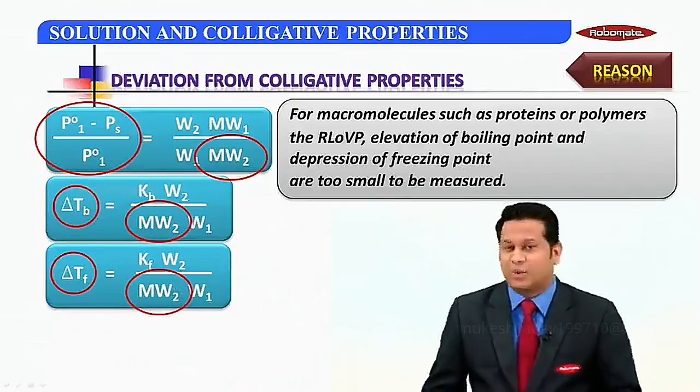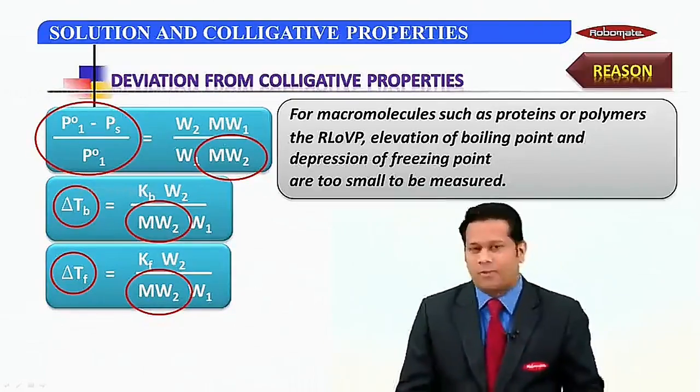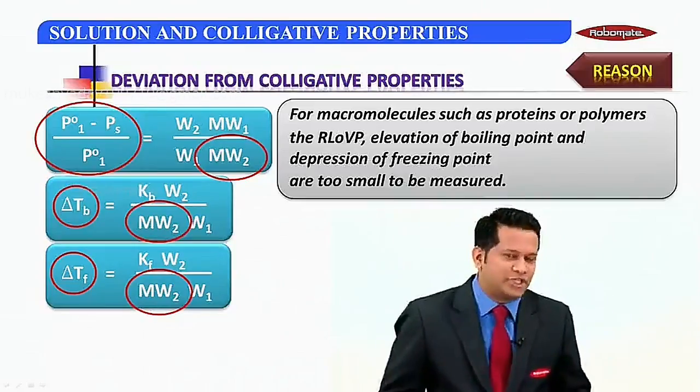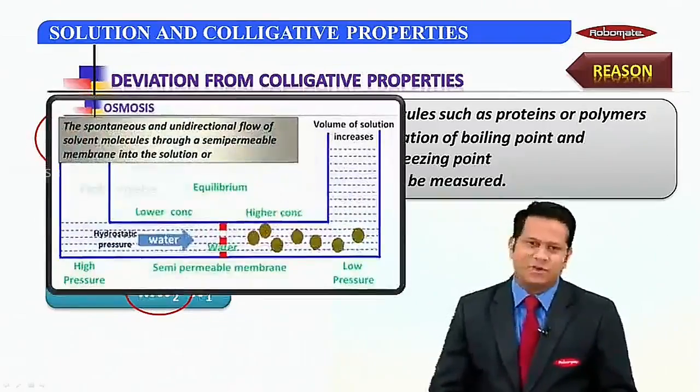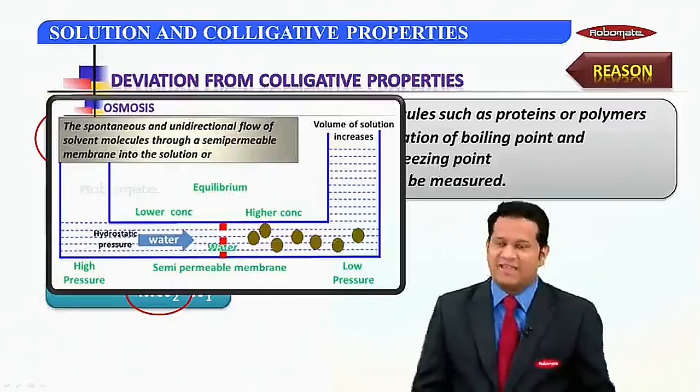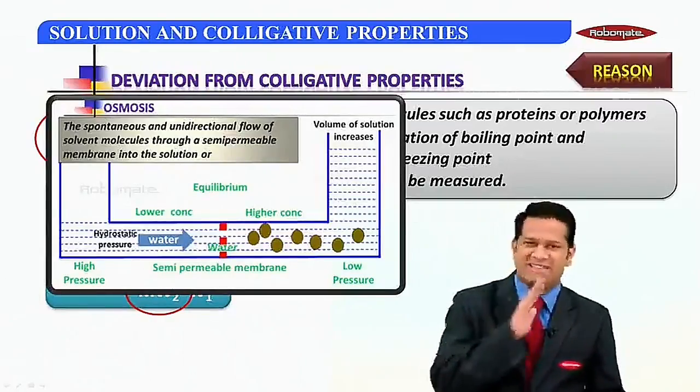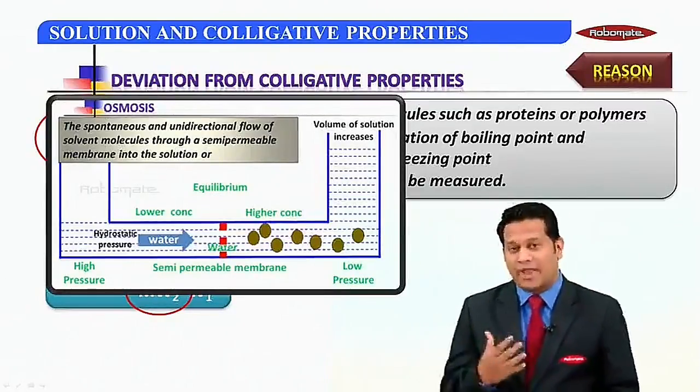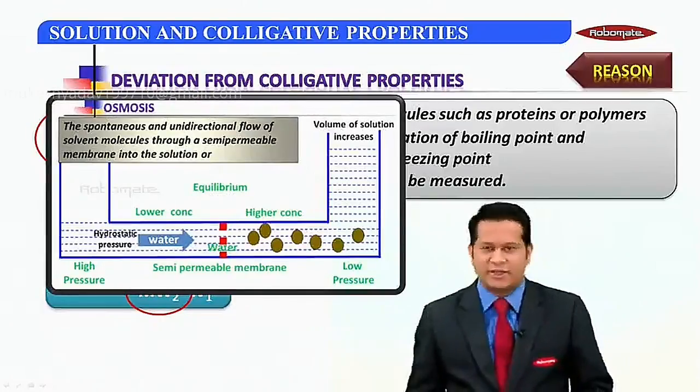Then you must be wondering why, in this list of formulas, osmotic pressure is not included. It's because in osmosis the solute particles need to cross the semi-permeable membrane, so I require huge solute particles.